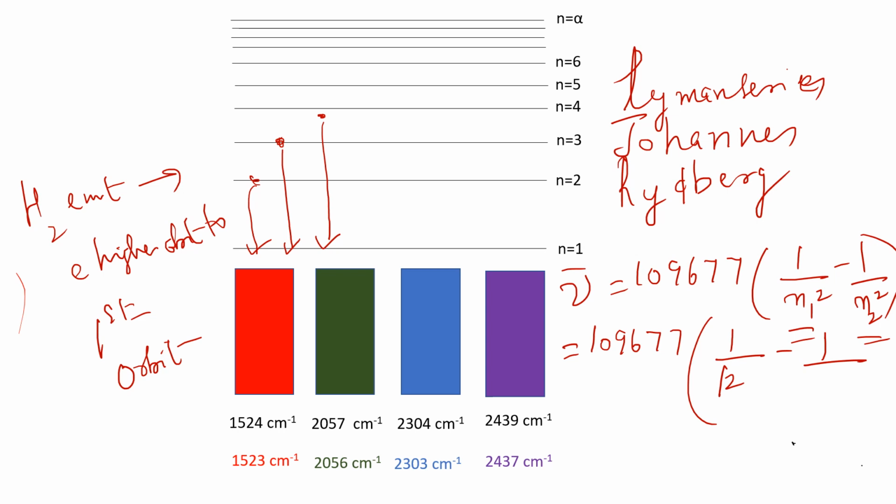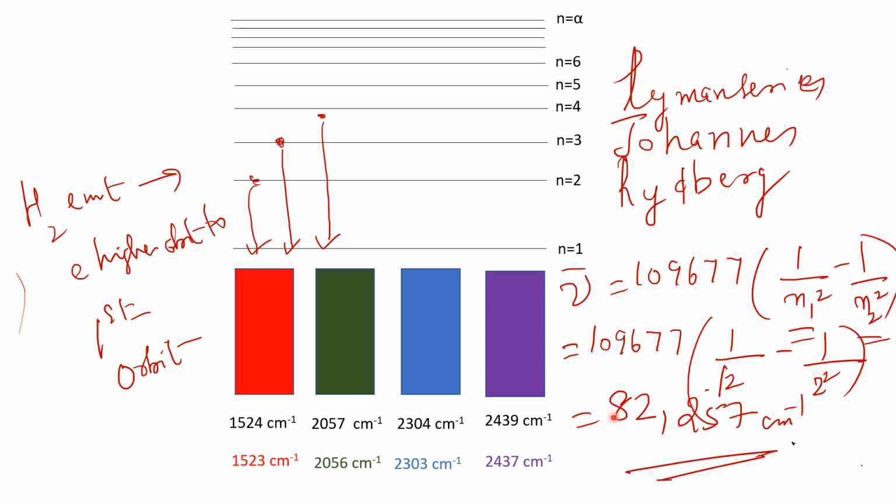It is from the second orbit, so that will be 1 by 2 squared. If we work it out, the final value we get is 82,257 centimeter inverse.